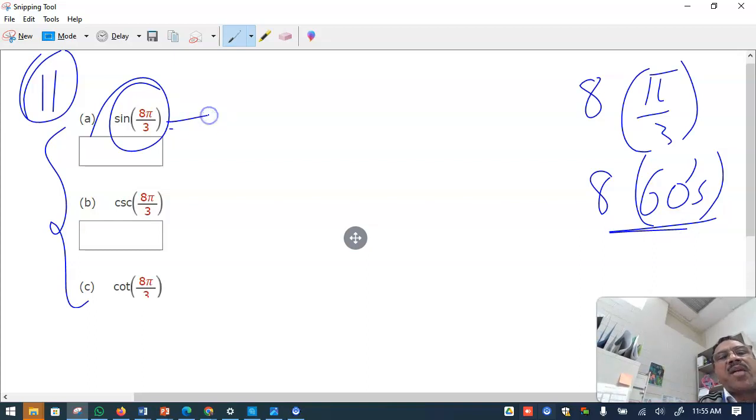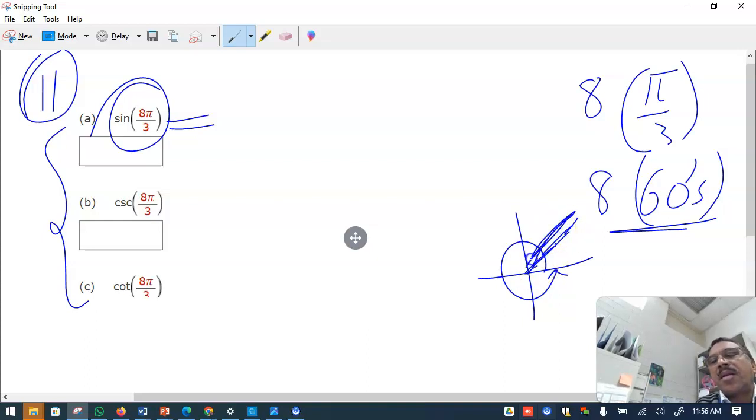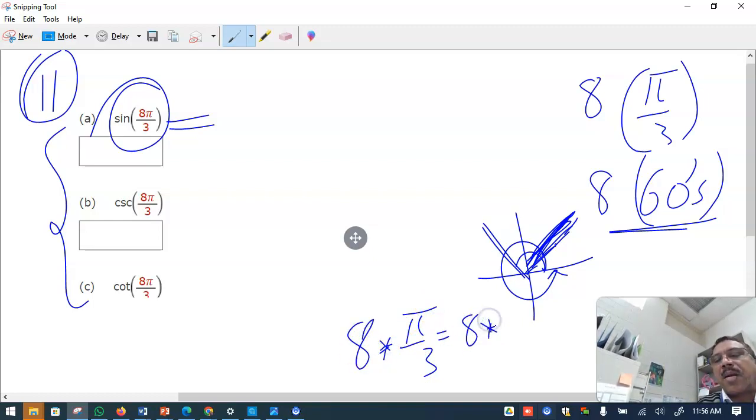So all you do is find where this angle is. You can see that if you go all around till here is 6 pi by 3, and this will be another 7 pi by 3, maybe here like this, and 8 pi by 3 will be this side. Or if you get confused, we can write 8 times pi by 3, which is 60. 8 times 60 is 480.